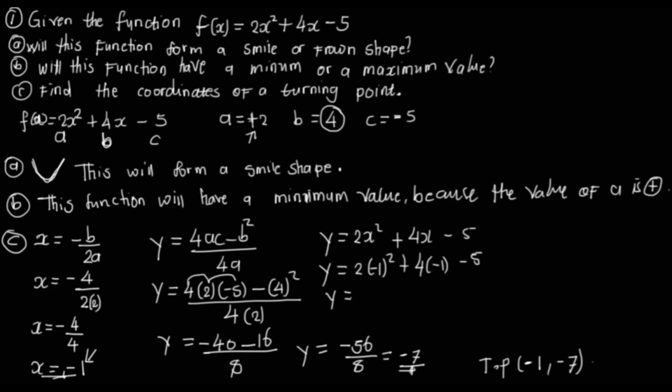Negative 1 squared is positive 1 times 2, we get 2. Then negative 1 times positive 4 is negative 4, minus 5. Then 2 minus 4 is negative 2, minus 5 is negative 7. So this is another way to find the y coordinate of the turning point.